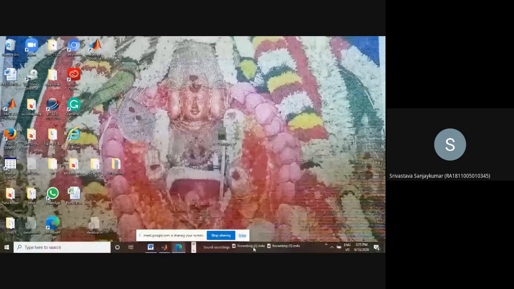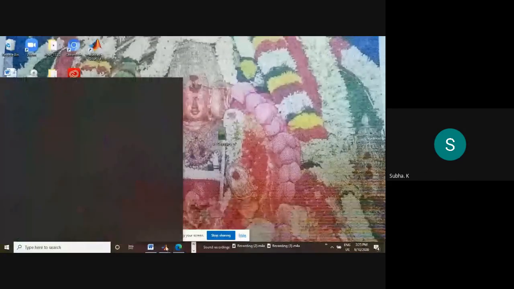Are you able to see the screen that I am showing? Yes, ma'am. Okay, MATLAB I am opening. Open the MATLAB editor window. In that, NUM you give is equal to, open the square bracket.